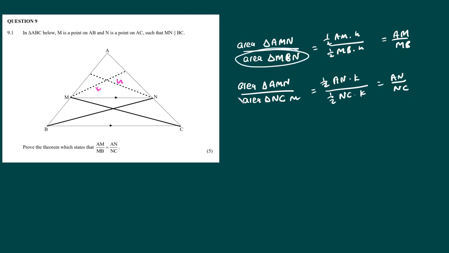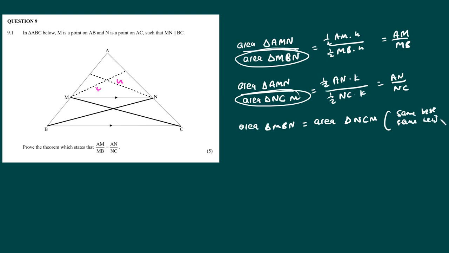Then remember that these two are going to be equal, right? You tell them the area of triangle MBN is equal to the area of triangle NCM. Remember, same base, same height, and between parallel lines.